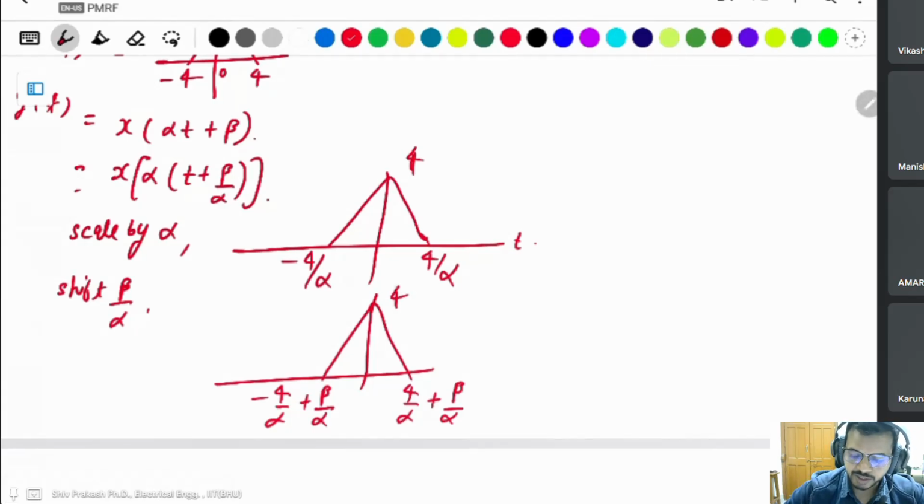If there is a positive, then you have to apply negative here, minus beta by alpha. You have to shift. For x(t plus 2), the signal goes to the left. If there is a positive, the signal will be shifted to the left. That's why you have to subtract the position.